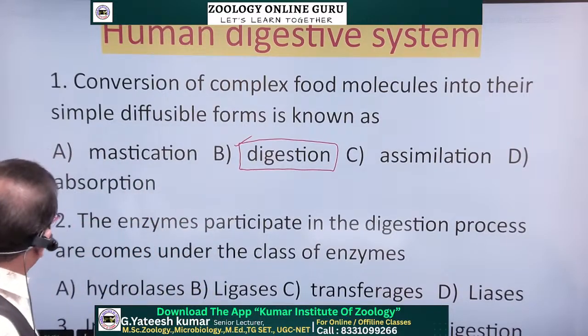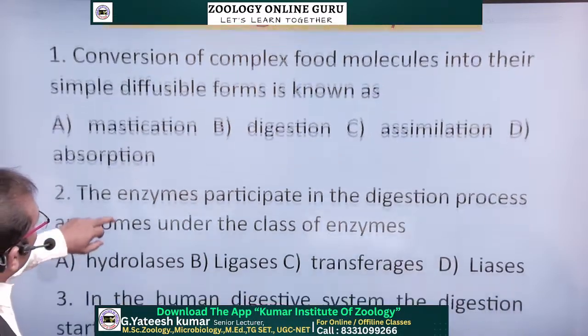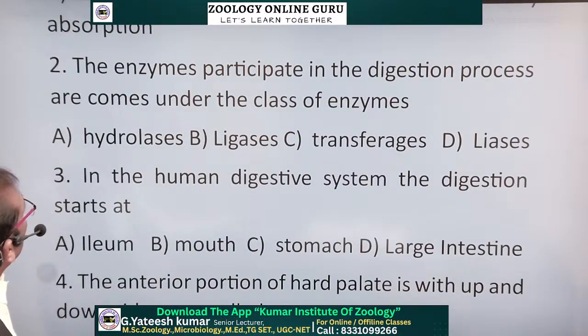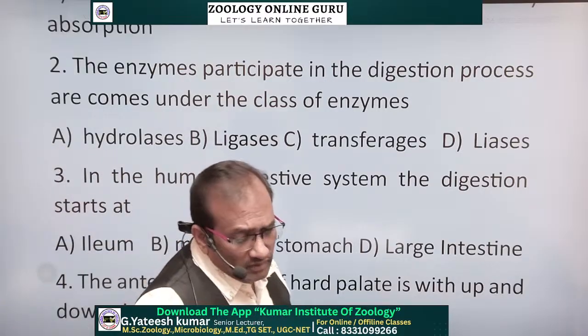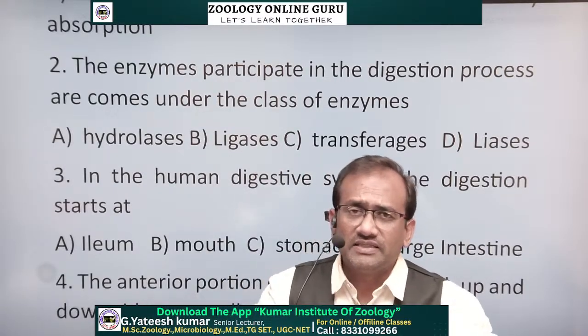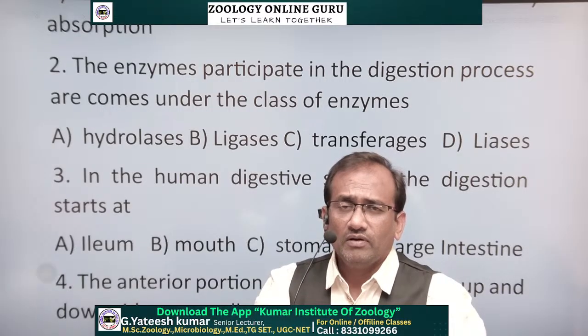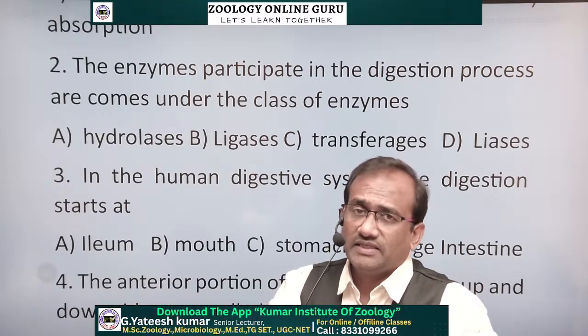Now, question number 2. The enzymes that participate in the digestion process come under which class of enzymes? Enzymes are grouped into 6 classes. We already discussed it in the enzyme topic.